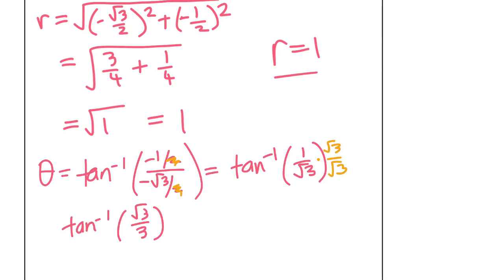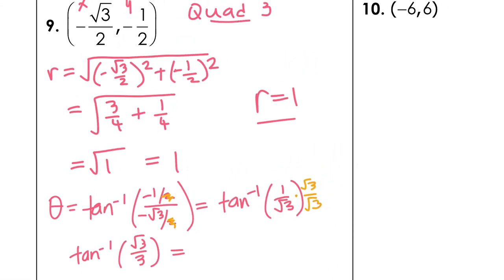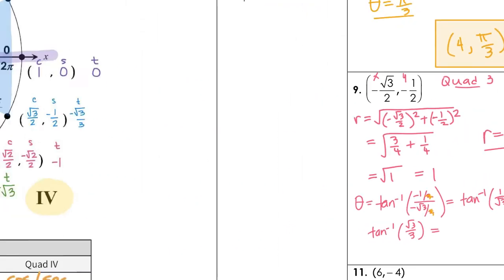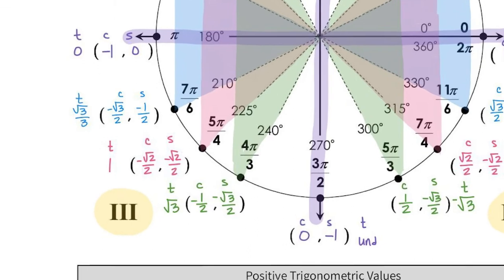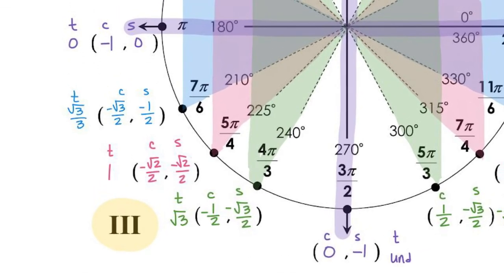Okay, so we're going to do what we did before. We already said we're in quadrant 3, so I'm going to look at quadrant 3 of a unit circle, and let's look to see when the tangent value is square root of 3 over 3. Okay, so quadrant 3 down here. Look at your tangent values, and right here, square root of 3 over 3.